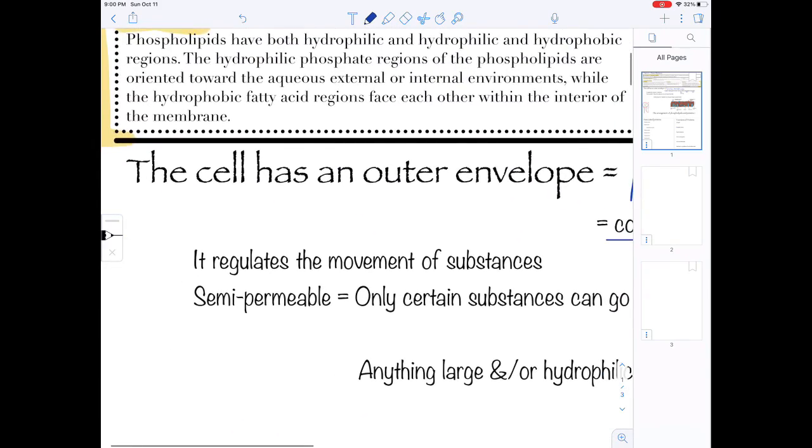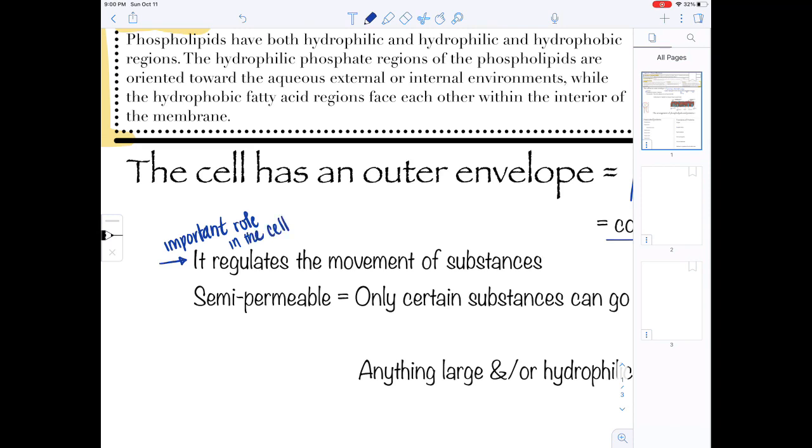So the plasma membrane is an important structure for us to understand because of all of the activities that are happening within the plasma membrane.